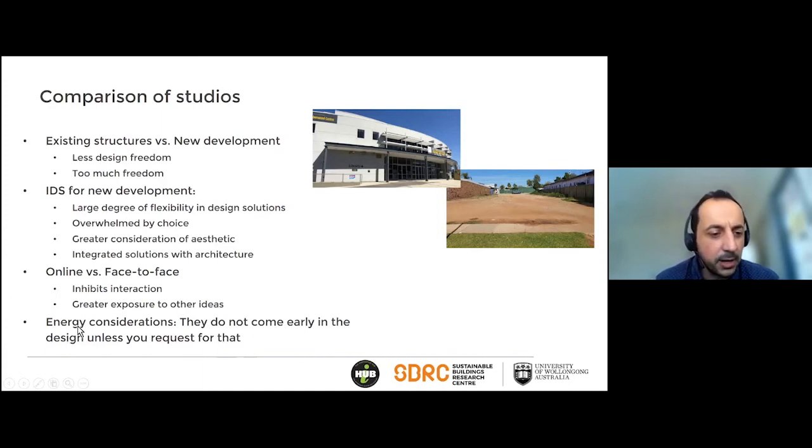And a final remark here is that the energy considerations are almost extinct in the very early stages of the design. So unless you force the client and the consultants and the participants of the studios to think about thermal comfort and energy right at the early part of the design, the clients tend to say, give me a floor plan and I'm happy with that, without really considering how to better optimize your design towards net zero, unless it's a special type of project.